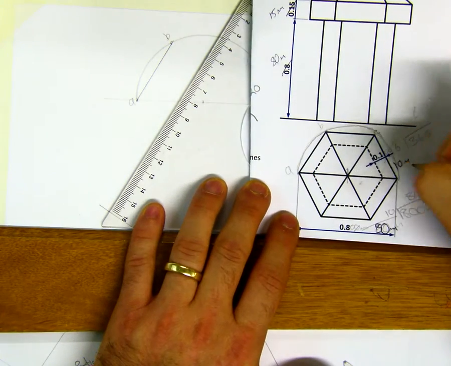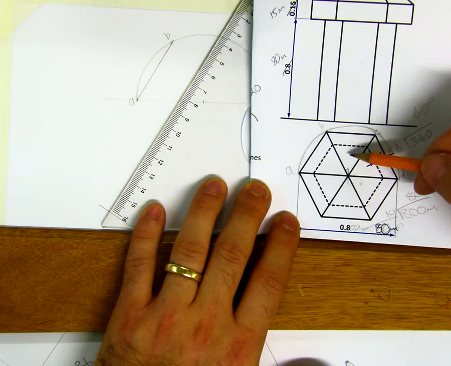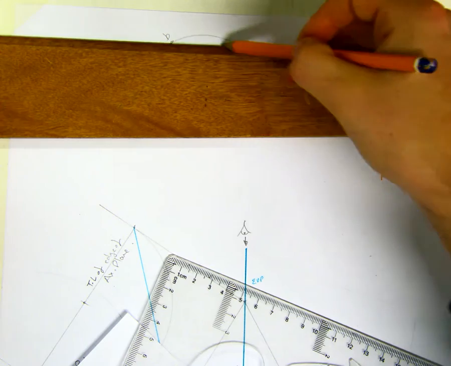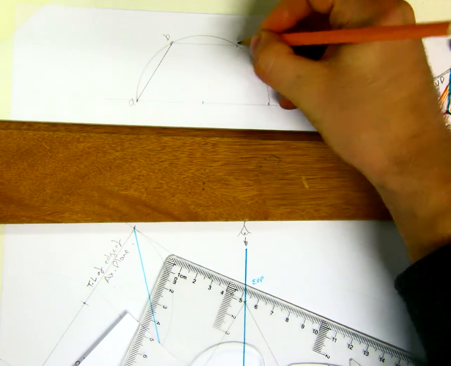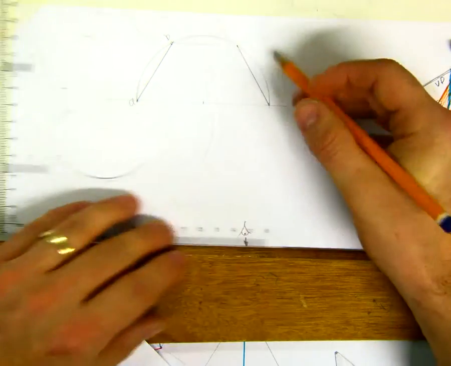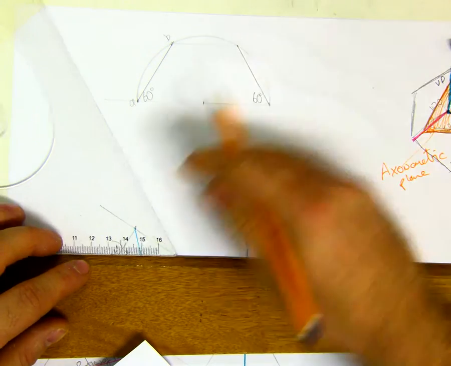So we need to find C and D. We have half the hexagon drawn, and if half the hexagon is drawn, it's the same on the other side, because it's symmetrical. So we're going to bring that line across here, and where it hits that point, we're going to bring down. We can double check that, because that should also be 60 degrees. Yes, that's 60 degrees here, and that's going to be 60 degrees there.